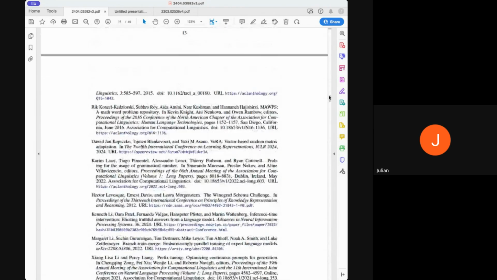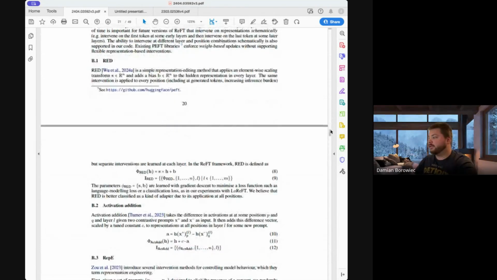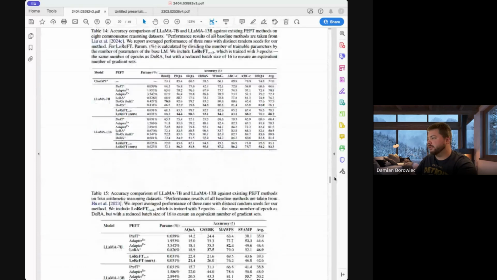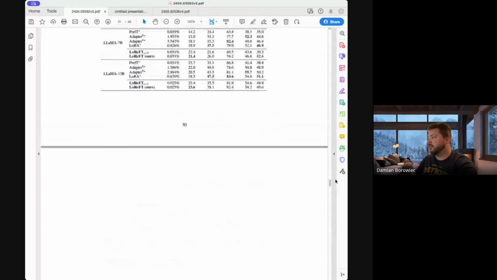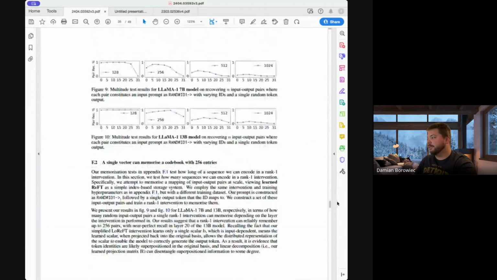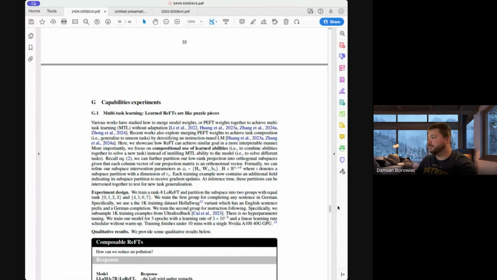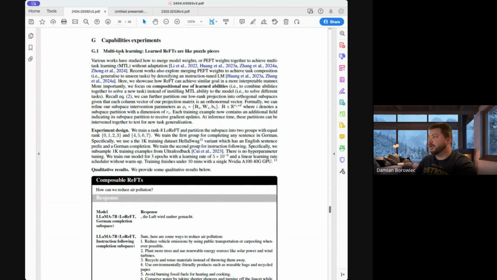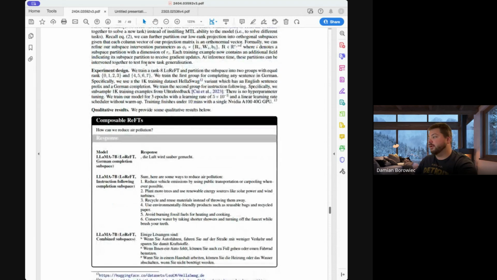Just looking through the appendix to see if they had a few examples of some of these outputs. I have a lot more results on the ablations. Multitask learning, yeah, this is what they were trying to explore with the composability of these interventions, which is quite cool.